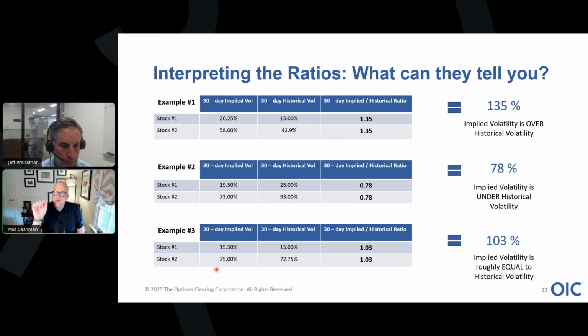Oftentimes people will just look at it as one point on the entire curve and not look at everything else and just say, oh, it's a 70 vol, we should sell that. Well, in this case, the implied vol would be a 75, but the 30-day historical is a 72. Does it still sound like you should sell it? Who knows? But that tells you that this is only a 103. It's not as if it's like 30 vols over what the stock is actually moving.